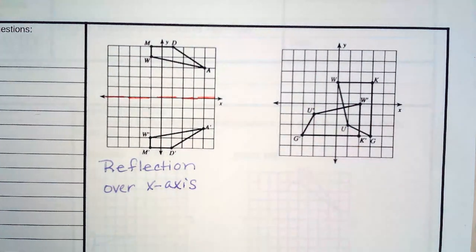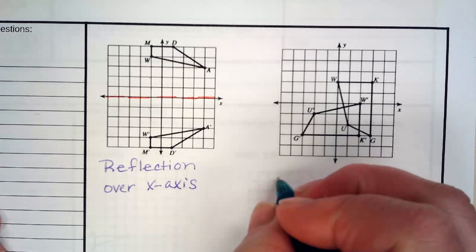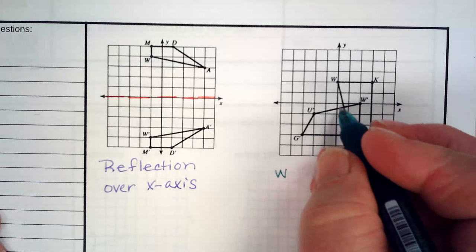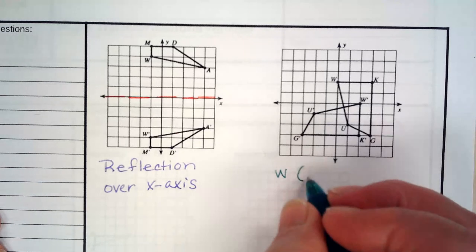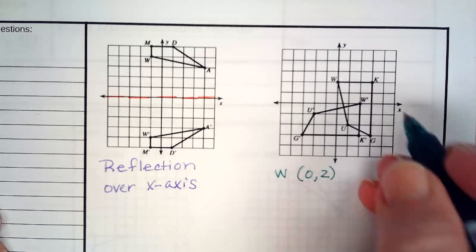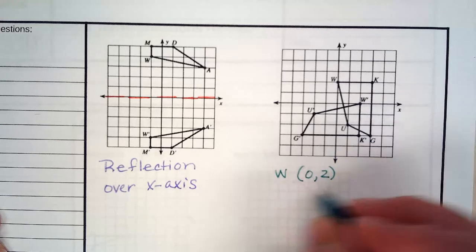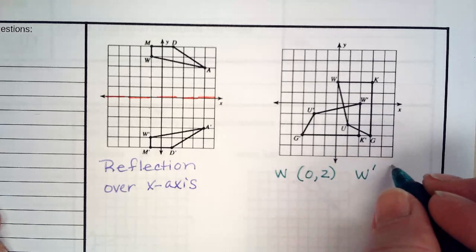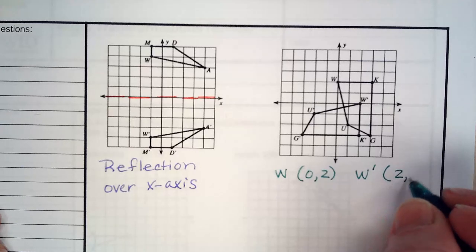Okay, the next one's rather strange. So let's look at the point W and W prime. If I look at the point W, it is (0, 2). If I look at W prime, it is (2, 0).